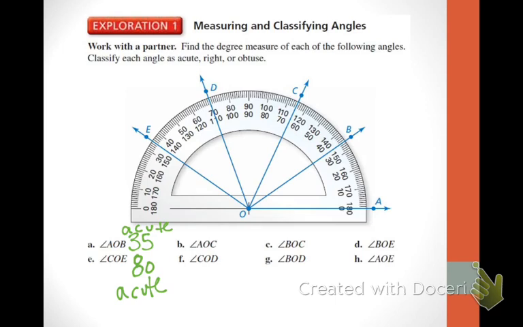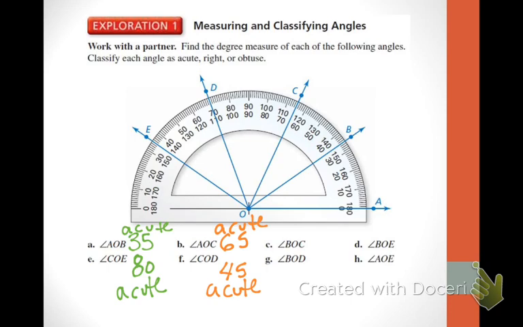All right, AOC. 65 degrees. Which makes it acute. COD. It's letter F. 45 degrees. Do we agree? Yes, we do. Throw to the next person. Who's going to get BOC?